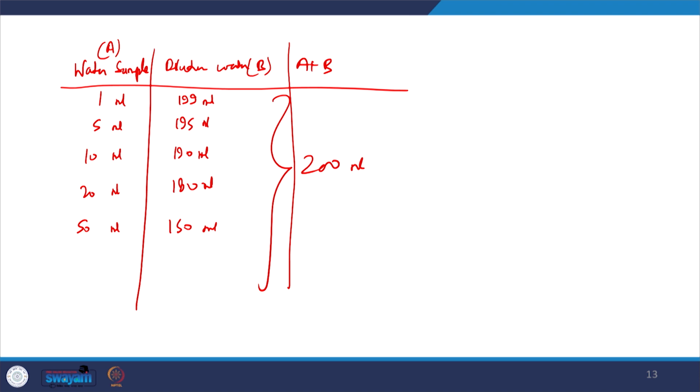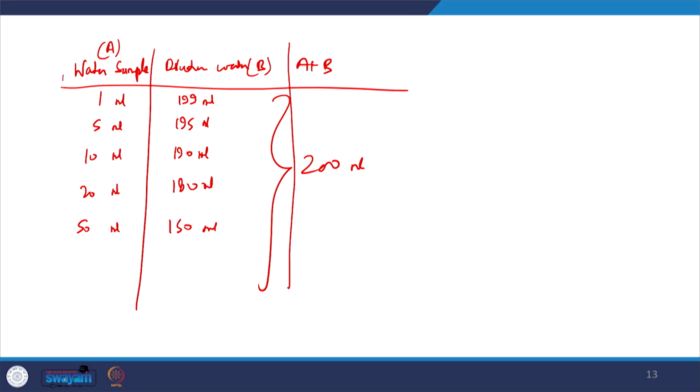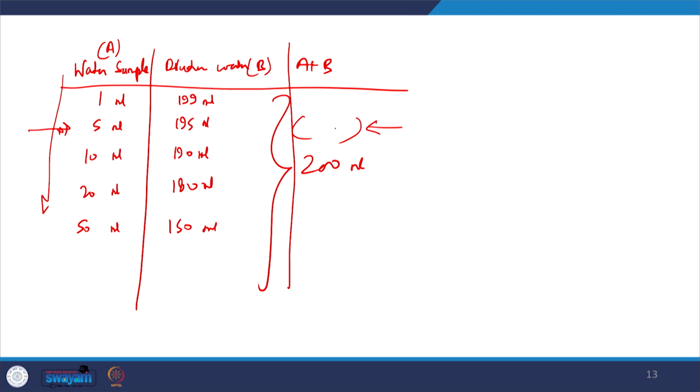Now, what is done is that a few persons are taken and they are requested to check from which sample some odor is coming out. So, people will start from here. If suppose 10 people are there and 7 are telling that from this A plus B sample, some odor they are able to perceive, that means this is the threshold, because the majority of people are reporting it.